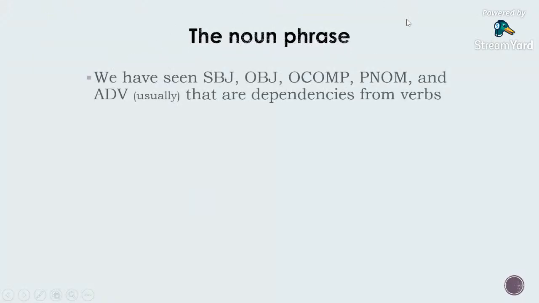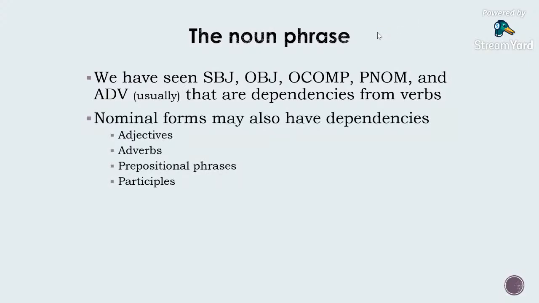Noun phrases, likewise, we've seen dependencies from verbs that can be subjects, objects, ocomps, penoms, adverbs. Nouns also have lots of dependencies to make up the noun phrase, and these likewise can take many forms. We think of adjectives as modifying nouns, and the fact is a lot of other things can too.